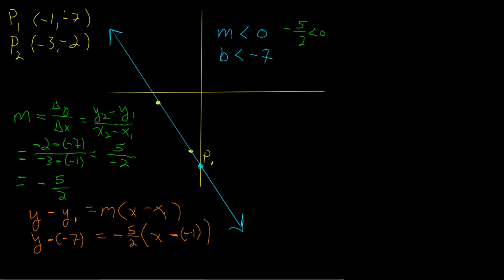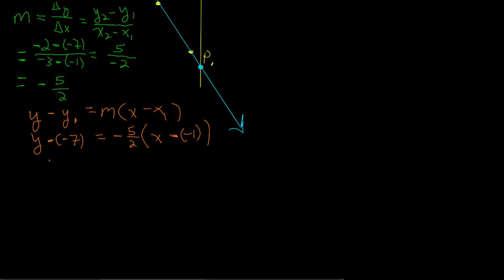All right, so this is y plus 7 equals -5/2 times x plus 1. This is y plus 7 equals -5/2 x minus 5/2. And I'm going to subtract 7 from each side.